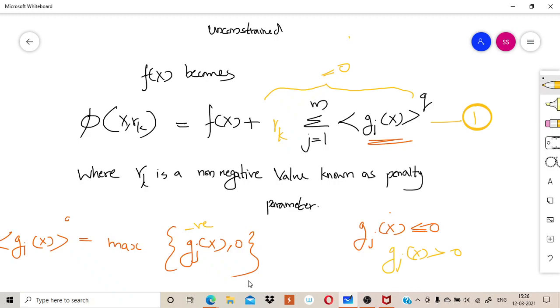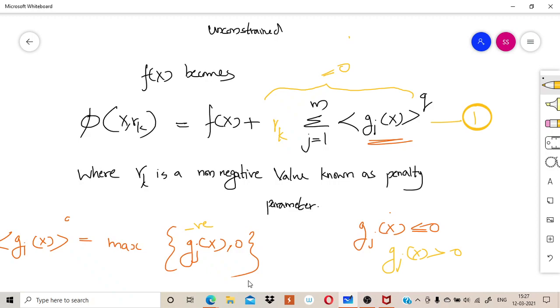So if more than one constraint is violated, then that many penalty terms will be added or augmented to our objective function f of x, so that phi of x, rk will be increased. Okay, in that way we will formulate our CPP.